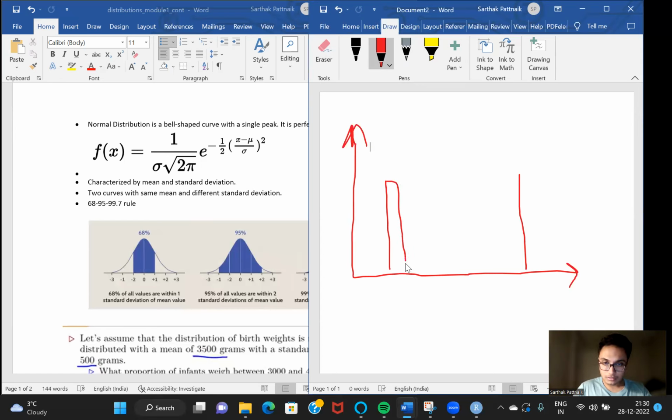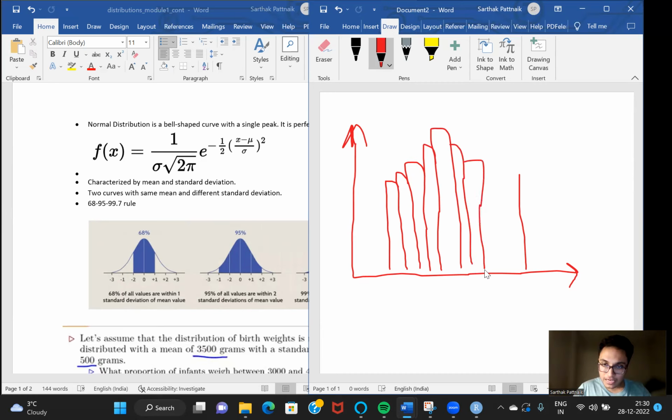It was something like this. I would also like to say that this is a rough diagram.